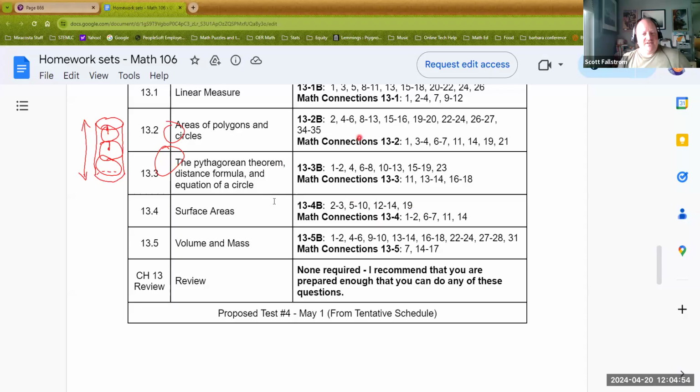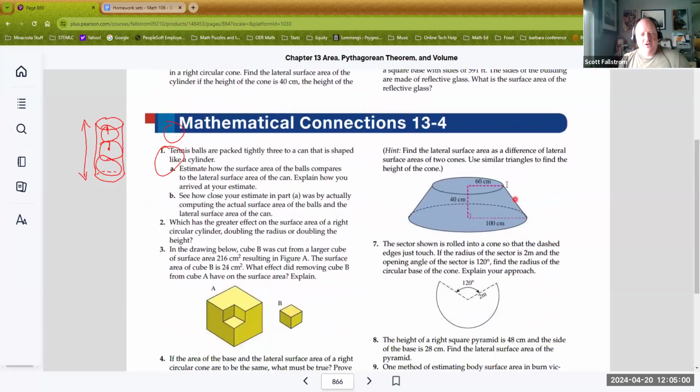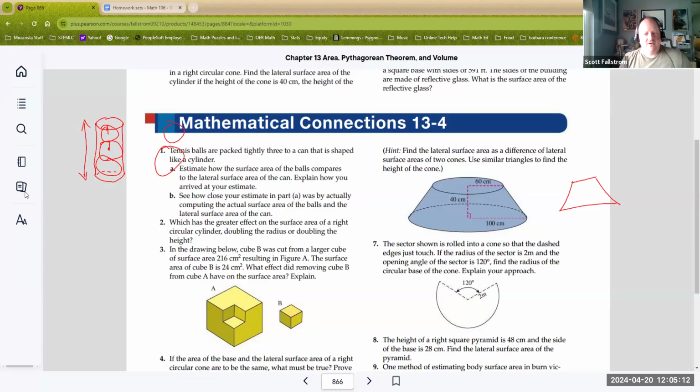Let's see here. Next up is 6 and 7. So 6 is the total surface area of the following stand, which was cut from a right circular cone. You know some of these pieces. My recommendation for this one is to treat this like it is just an extension up here.